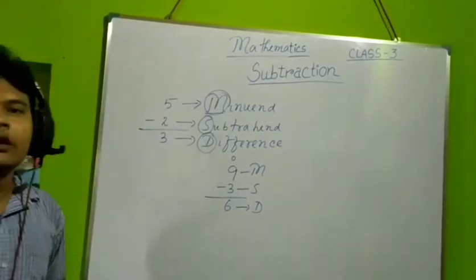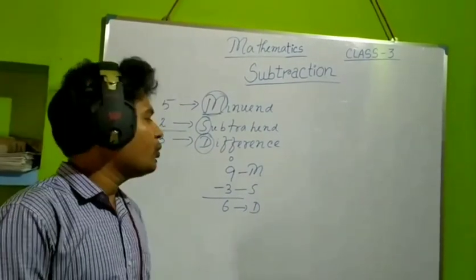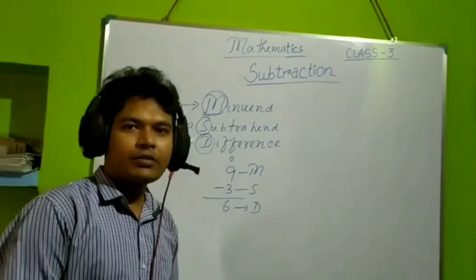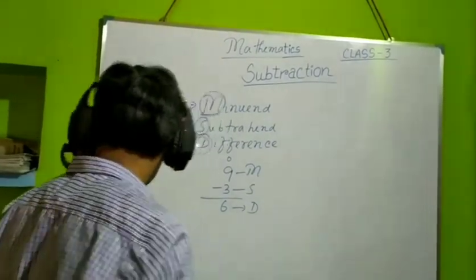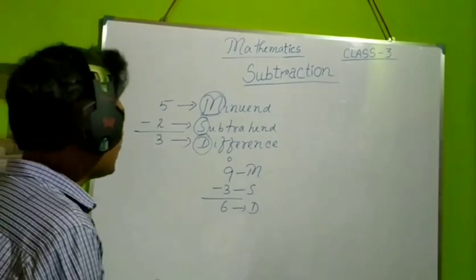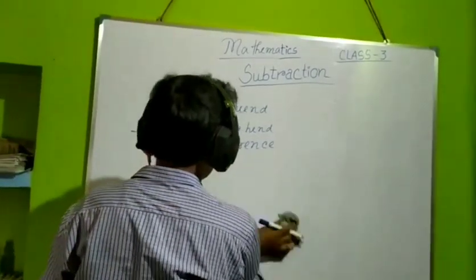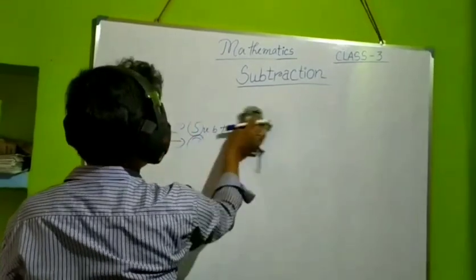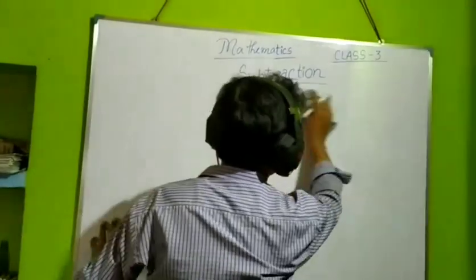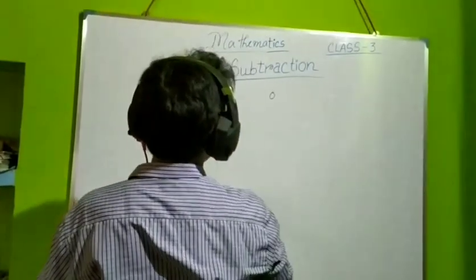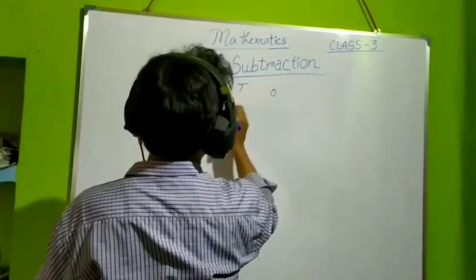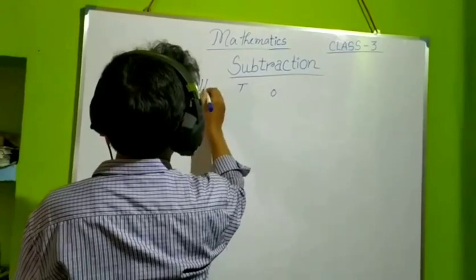Now you know, when we write any number, at first we start from ones place, then we come to tens place, then hundred place. Now we look at this. At first we write ones place, then tens place, then hundred place.